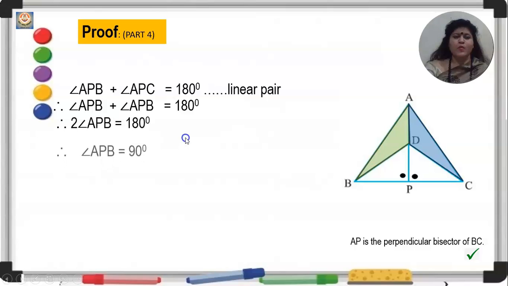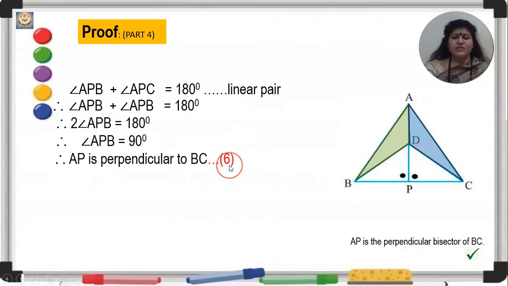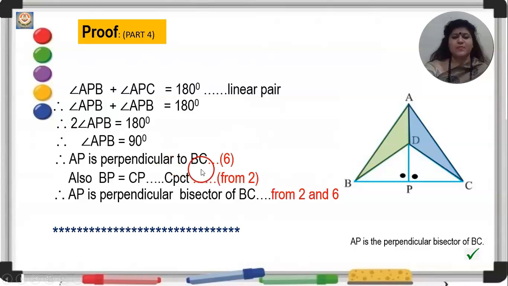And from there, we get angle APB equal to 90. So we have proved AP is perpendicular to BC. So this is statement number 6. We have already proved in the beginning that AP bisects BC. So we conclude that AP is the perpendicular bisector of BC from statement 2 and 6.